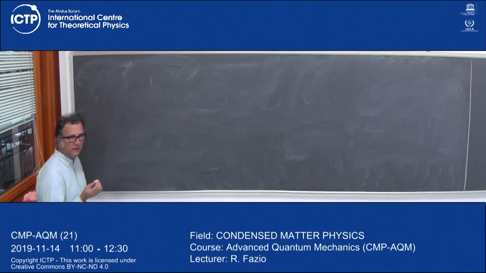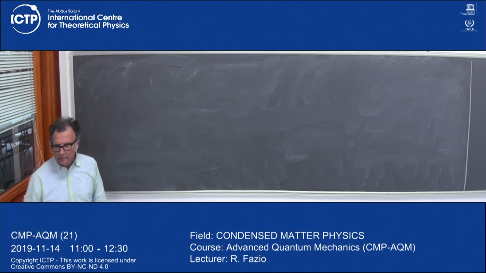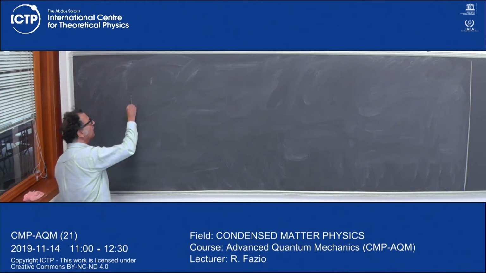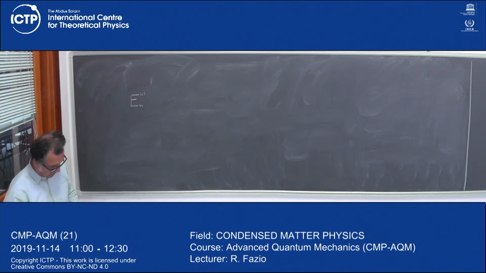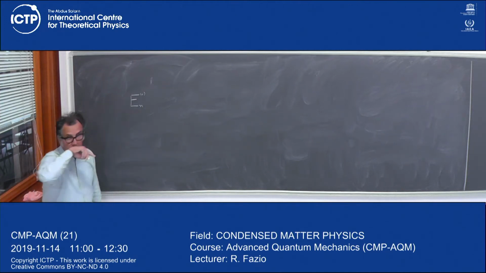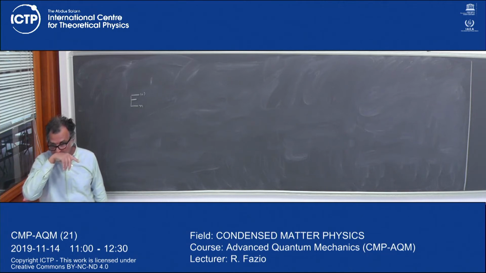Now, let's consider one single level, which is G-fold degenerate. This means that the energy of this level, let's call it E0, is the unperturbed energy.